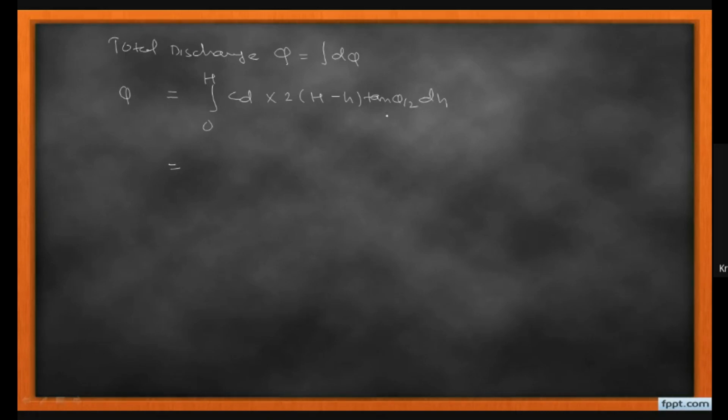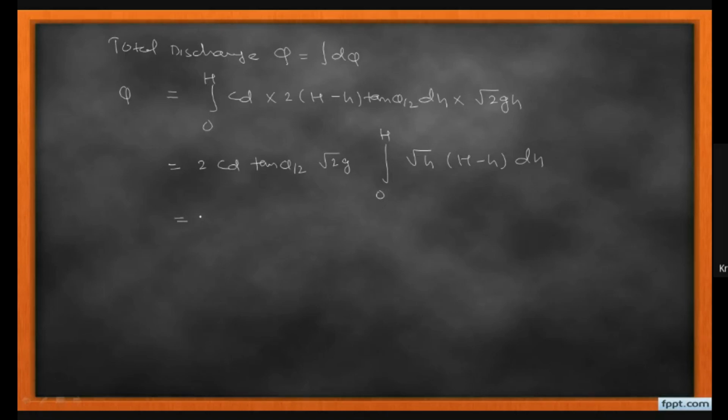Our angle is not variable, so it comes out of the integral. Sorry, here we missed one term. So the velocity equals under root of 2gh. So now we take the common 2 Cd out. Tan theta by 2 is constant, and under root of 2g is also constant. So finally we get square root of h into capital H minus small h to the power dh, and the integration has a limit of 0 to H.